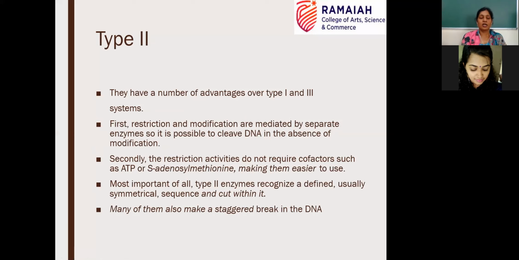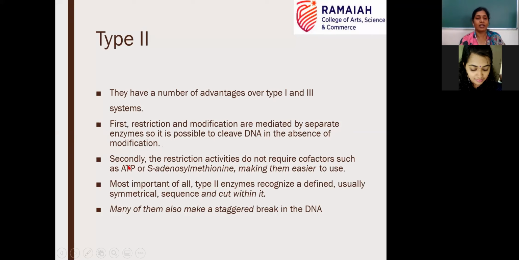Now let's discuss more about type 2 restriction enzymes. They have several advantages over type 1 and type 3 restriction enzymes. The first advantage we can mention is that restriction and modification are mediated by separate enzymes. As I told you, two components are present, restriction endonuclease and methylase, to cleave the DNA in the absence of modification.